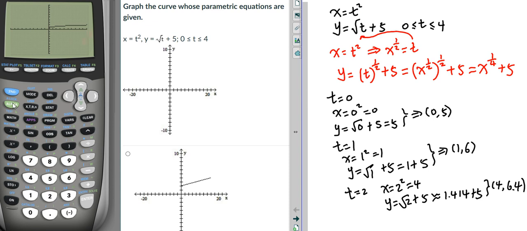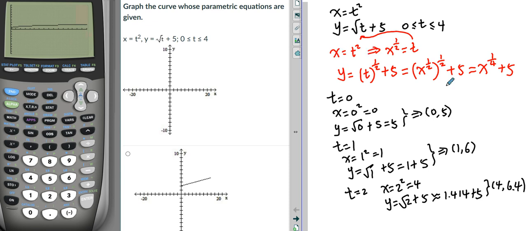So you can adjust the window size: x can be from 0 to 16.